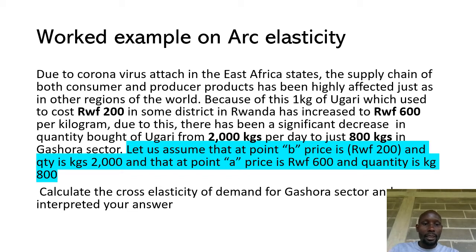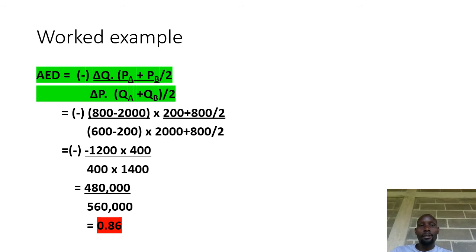So we are going to see how we can calculate arc elasticity of demand for Gashora sector, and then we shall have to interpret our answer. So from the example given, let's calculate arc elasticity of demand.